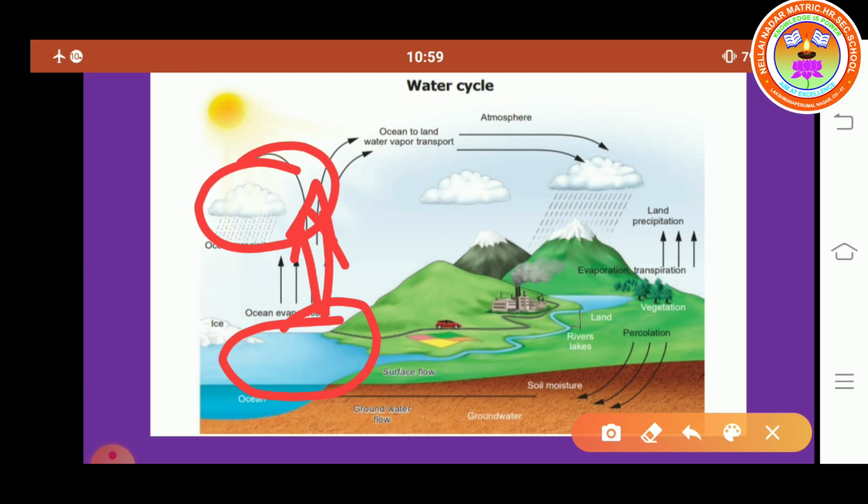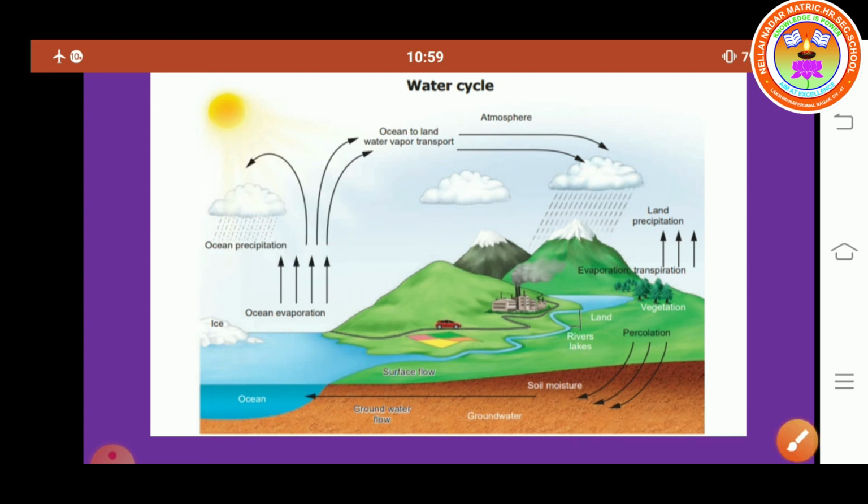The millions of tiny droplets collide with one another to form larger droplets. When the air around the clouds is cool, these drops of water fall in the form of snow or rain. That process is called precipitation.